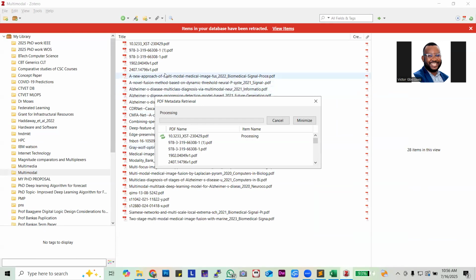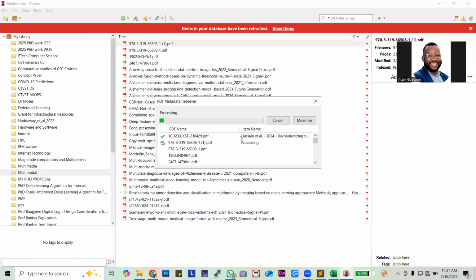So these are the articles that I'll be working with. Because there is internet connectivity, it will be processing them. What is it doing? It is retrieving metadata. So once it gets it, it's able to tell that, oh, it is Hassan et al.